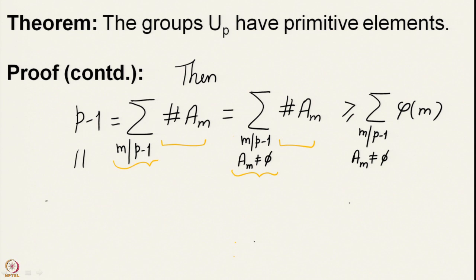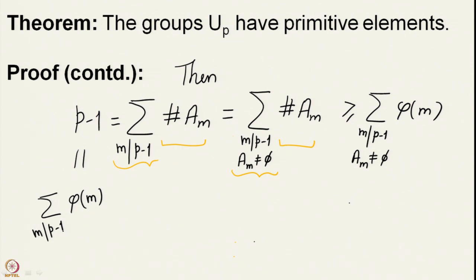Whereas on this side we also have the summation of phi(m) where m divides p minus 1. This is something that we have proved right after studying the Euler phi function, that the summation of phi(d) where d divides n has to be n.